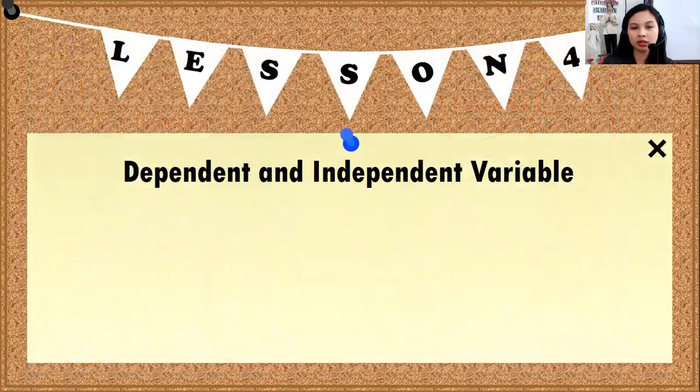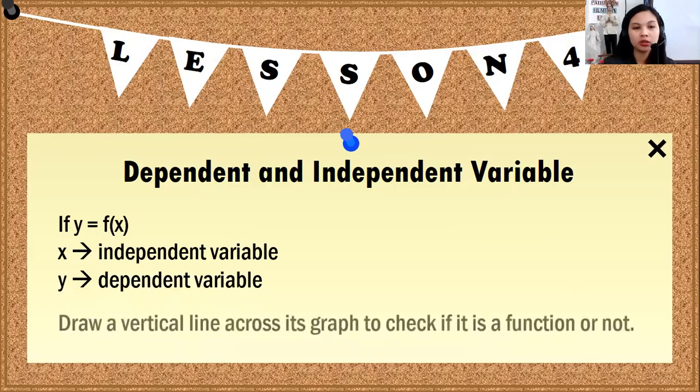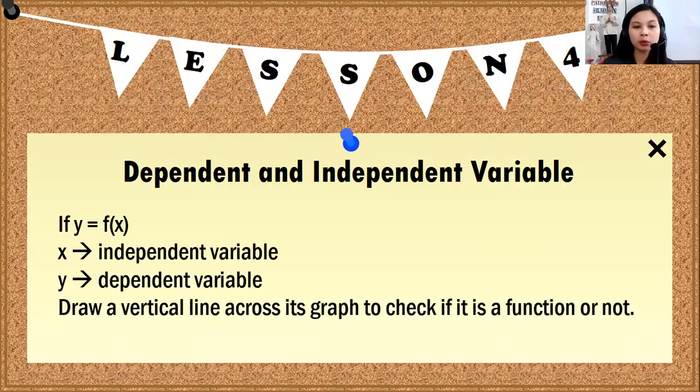So, for the last lesson, we have dependent and independent variable. Ayan po. So, if y is equals to f(x) po, x will be our independent variable and y will be our dependent variable. So, if ganyan po yung mangyari, you will draw a vertical line across its graph to check if it's a function or not po.